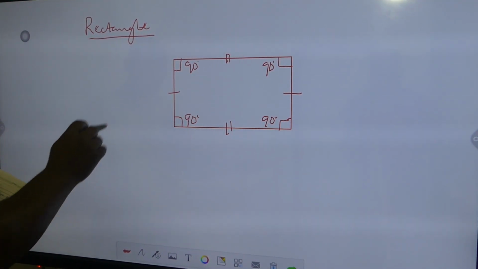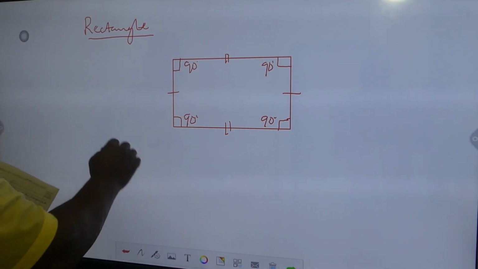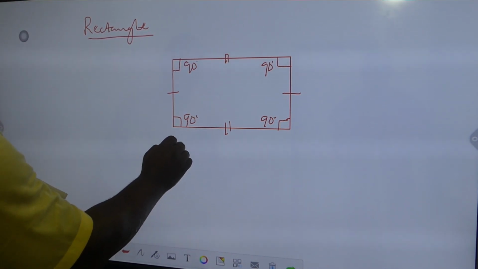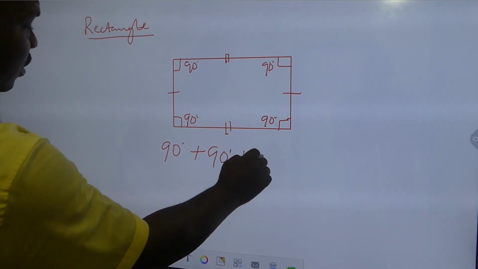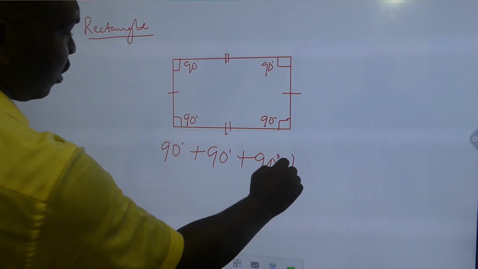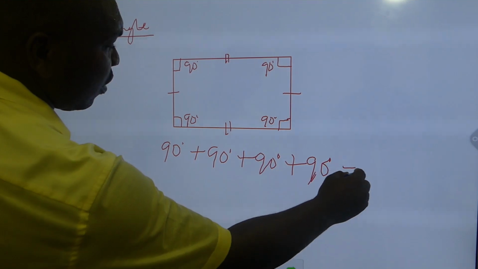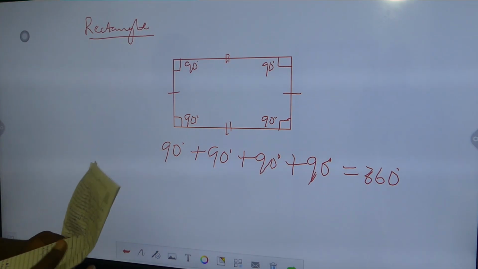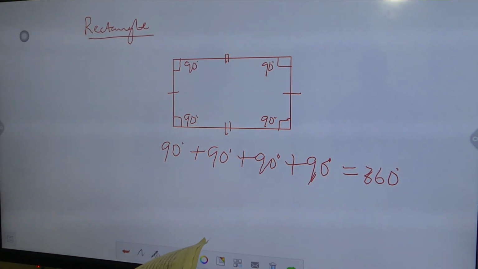And when you sum these 4 interior angles, they will be equal to 360. So the sum of the interior angles of a rectangle is equal to 360 degrees.